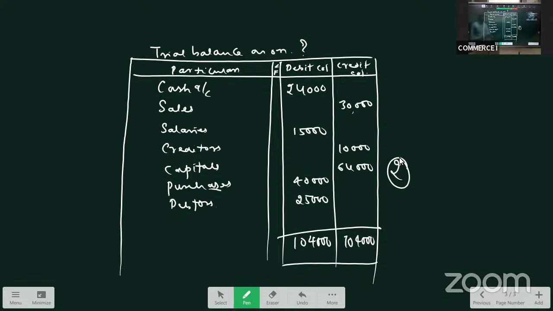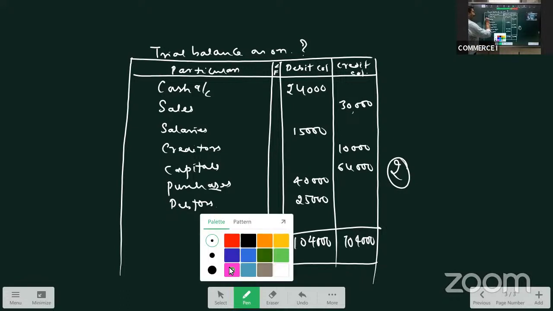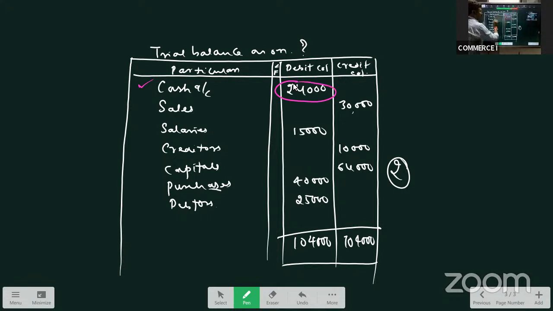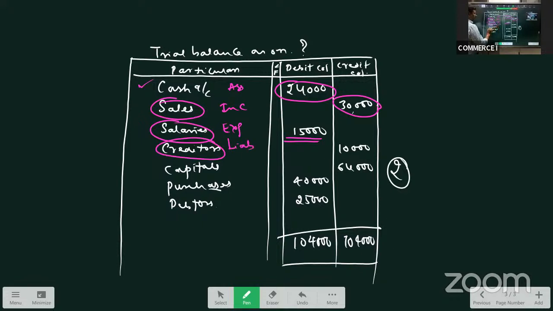If we discuss it in detail, what are we applying? Cash I have taken in the debit column because it's an asset. Sales I have taken in the credit side because it's a revenue, an income. Salaries I have taken in the debit column because it's an expense. Creditors are liabilities.